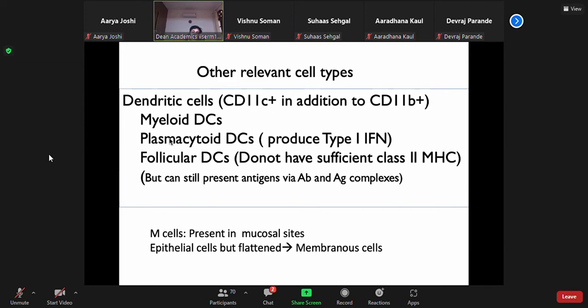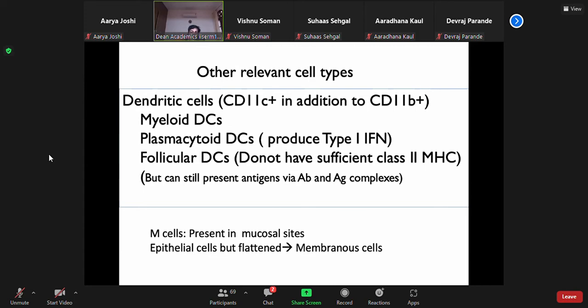Now, dendritic cells come in different flavors. You call them myeloid DCs based on these two markers, and plasmacytoid DCs, which produce a lot of type 1 interferons and are very critical initial responders following a virus infection.